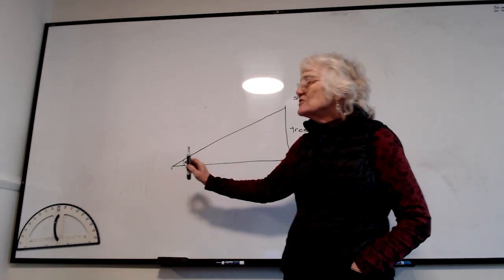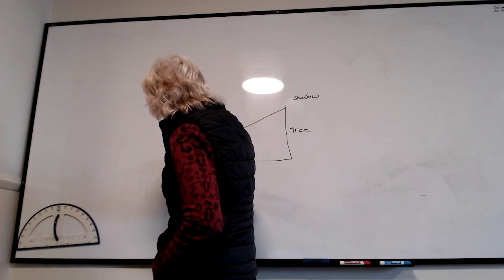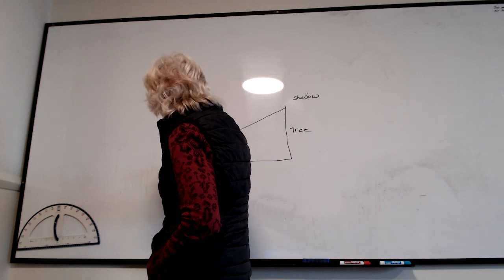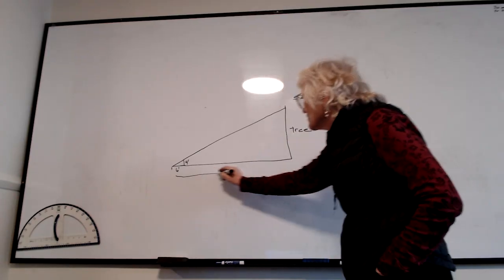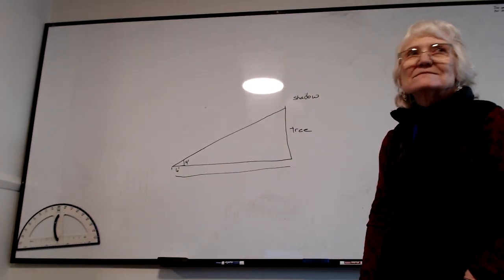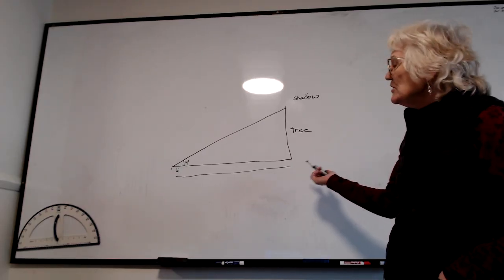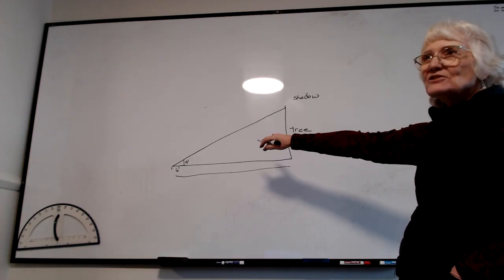Let's say this is a 4-foot board, and its shadow is 6 feet, okay? Then you can measure how far your tree is from the end of its shadow.